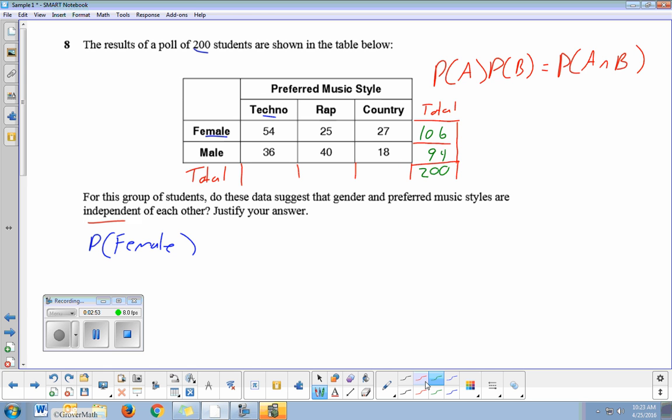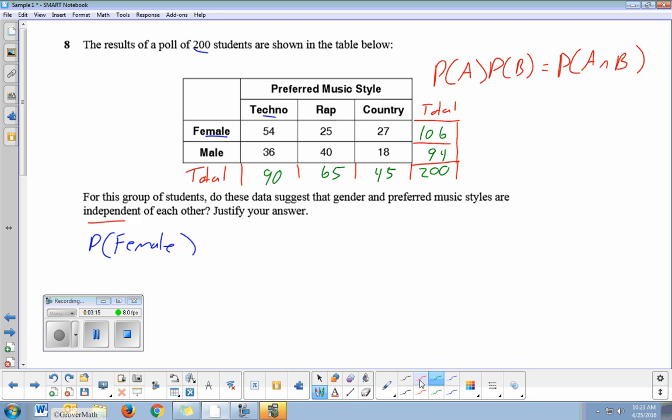And then the totals for how many students like techno: 54 female, 36 male, total of 90 students like techno. This would be 65 like rap, and 18 plus 27 is 45 like country. And again, this also adds to 200.